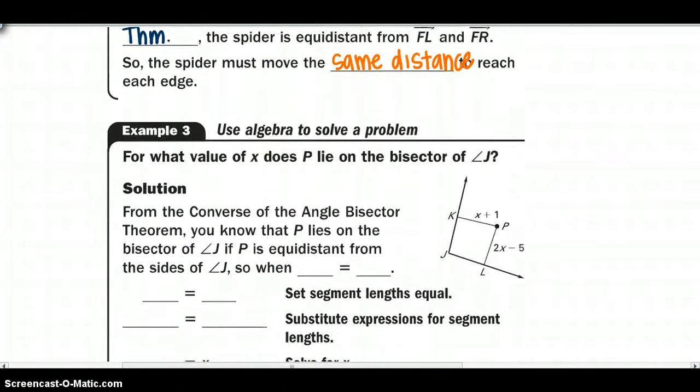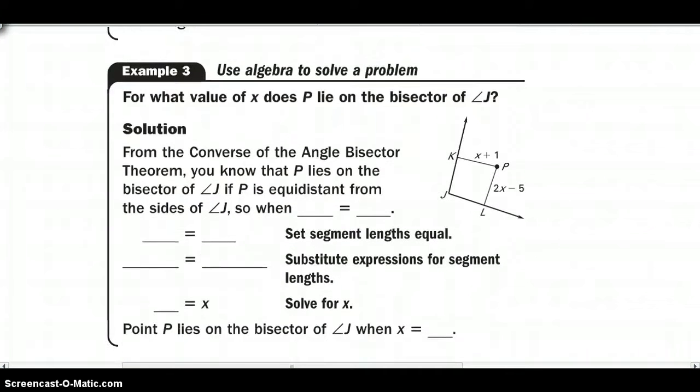All right, and the last example using these specific theorems. So for what value of x does P lie on the bisector of J? So we want to figure out, looking at this bisector of J, and I'm just going to connect those 2 together, we need to find the value of x.